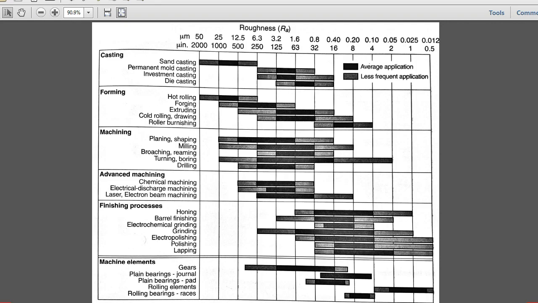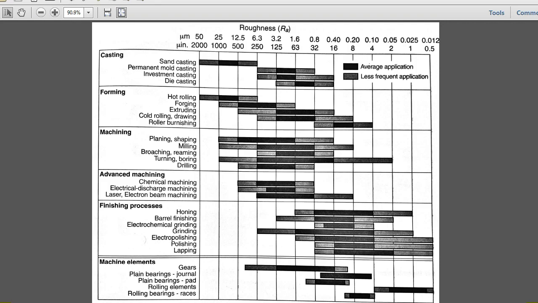Okay, so if we talk about machine elements and we think about what are the surface roughnesses of various machine elements, we can get a feel for them as well right here. Okay, so if we're looking at gears, gears are usually made by hobbing, which is a machining process, and we naturally would expect that we'd be able to get a surface roughness out that's within the range of a machined and ground surface.